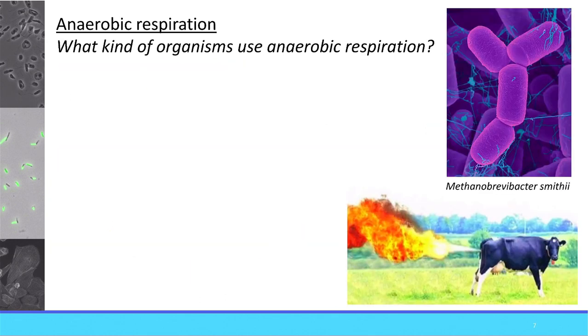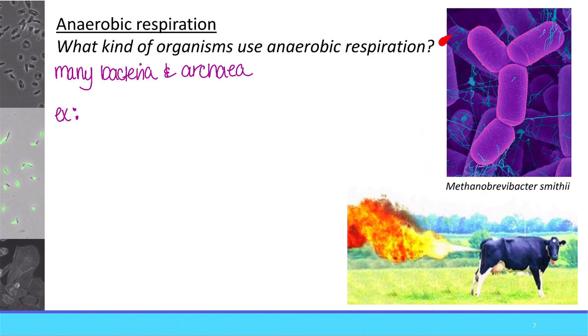So let's talk about what kind of organisms use anaerobic respiration. It tends to be many of our prokaryotic friends, so many bacteria and archaea. One of my favorite examples is an archaeon that is shown here on the right.